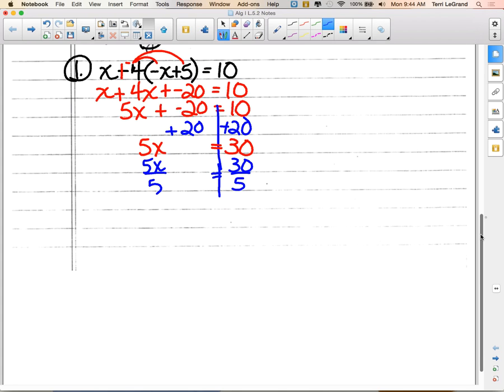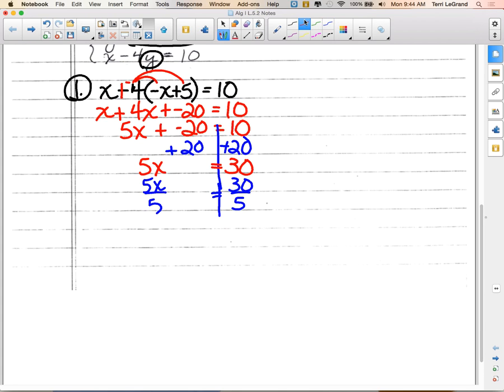And our x equals what? 6. Okay, so x equals 6. So we have part of our solution, only part of it. Any questions on that part? Step 1, do the substitution, solve that equation.